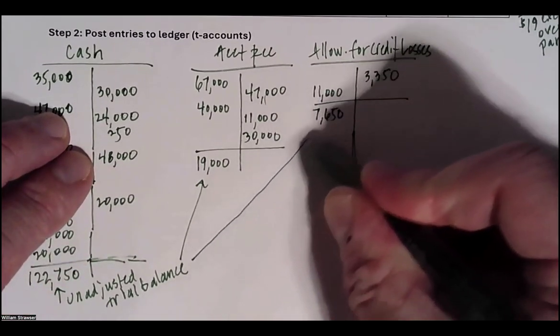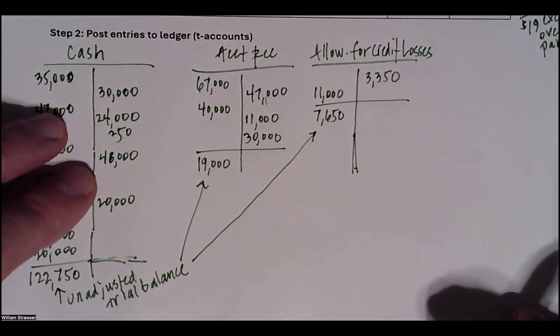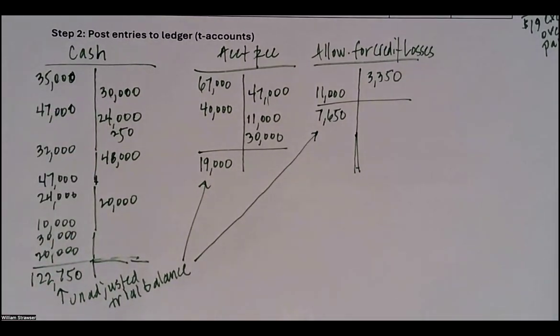This is again an unadjusted balance moment for that account. What it essentially is telling me at this debit balance is we were $7,650 short on our estimate of bad debt expense.